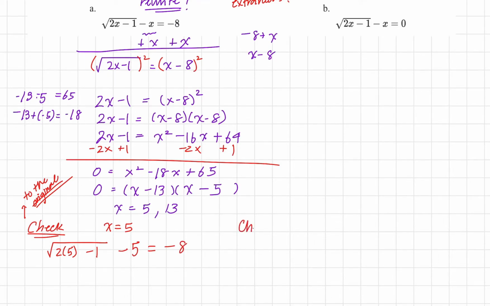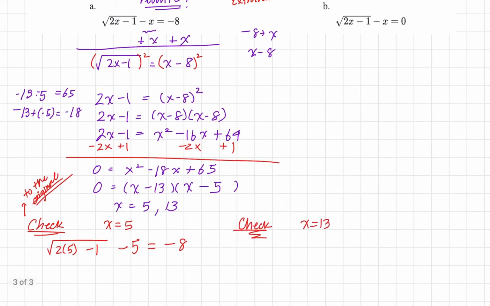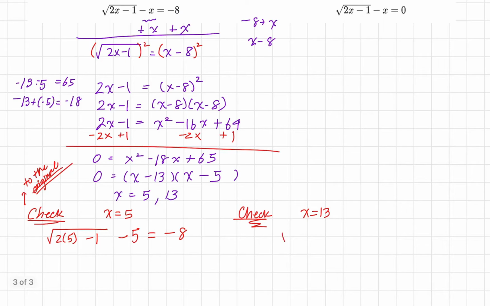And then if you were to check 13, okay, let's write it out as well. That would be square root of 2 times 13 minus 1. And then outside of the square root would be minus 13 equals negative 8.